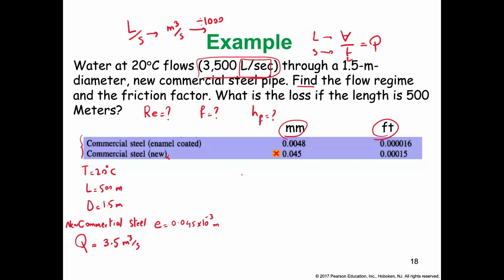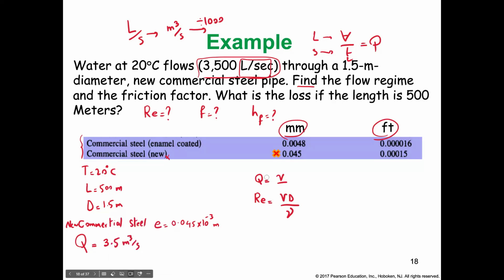Reynolds. I remember I wrote the steps. I want to write the same for you. This is Reynolds, right? V over nu. So you don't have velocity. So previously, you should find velocity here.